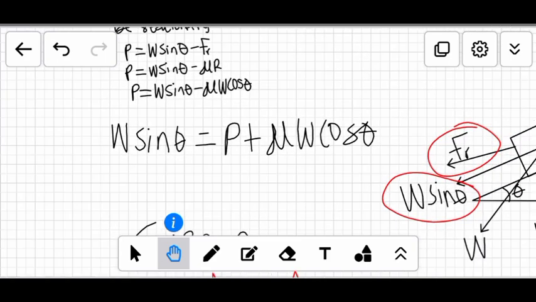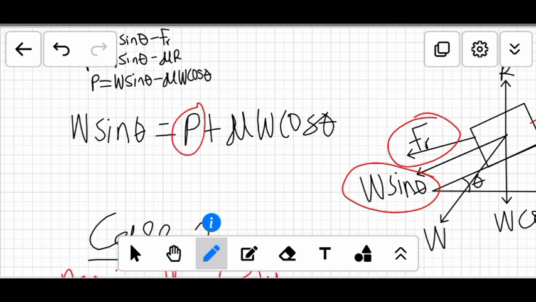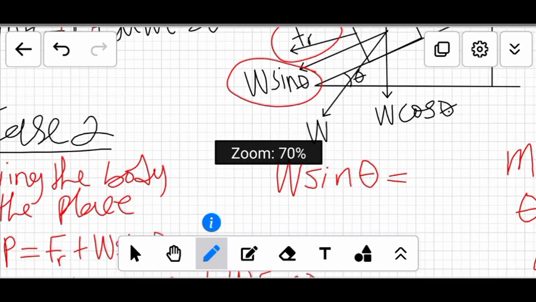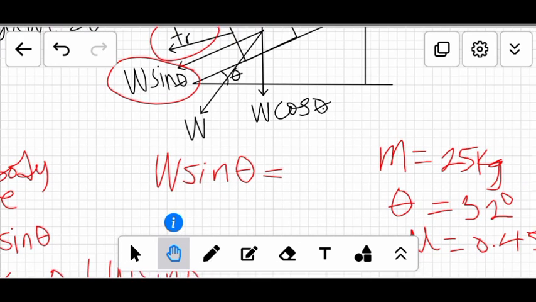To make the body stationary, we are looking for force P to keep the body stationary. What we're going to do is very clear. We just find our W sine theta, which is the force driving the object downward. W sine theta is equal to, and W is mass times acceleration due to gravity, so we have 25 times 10 multiplied by sine 32.